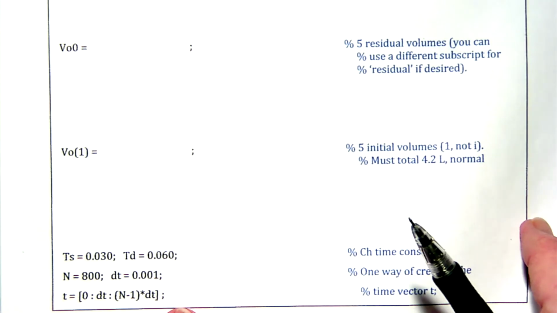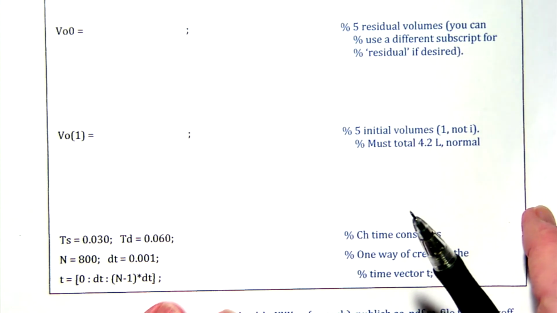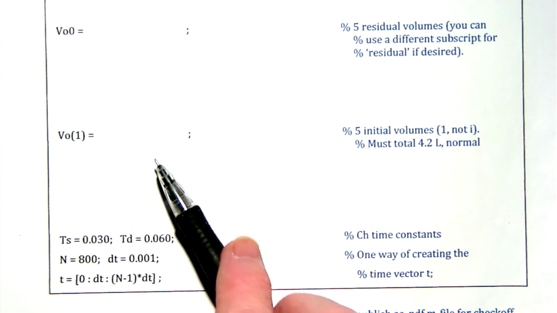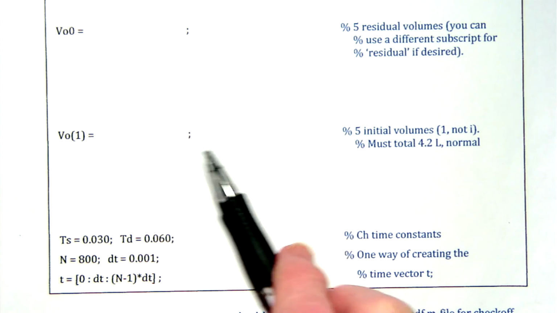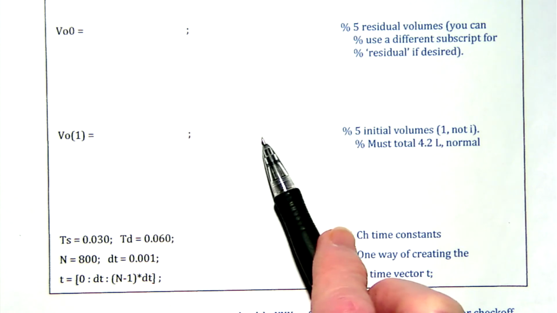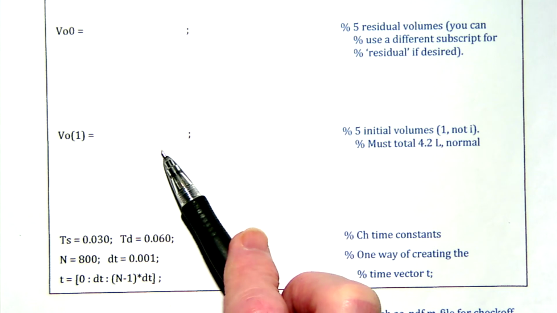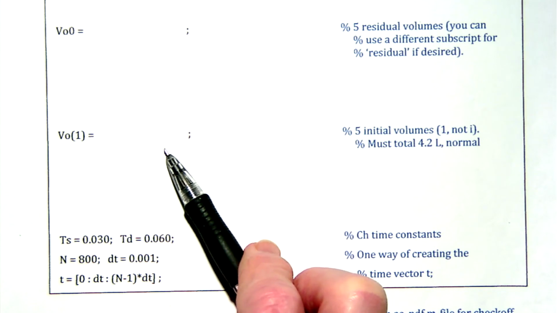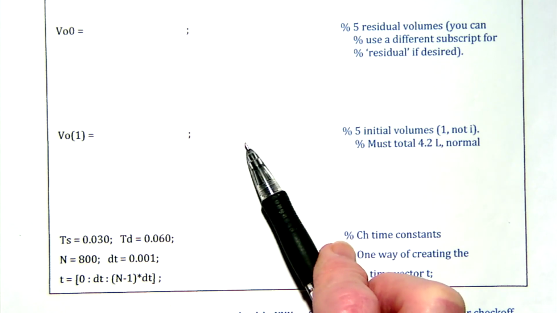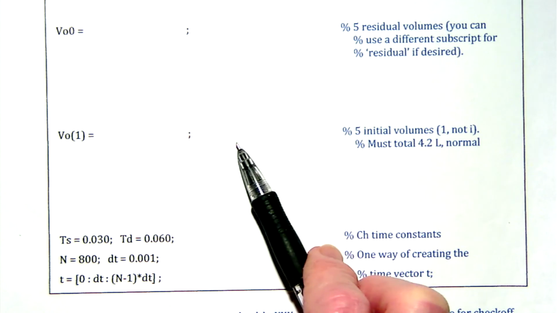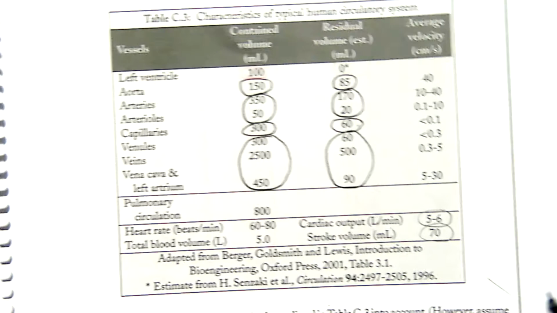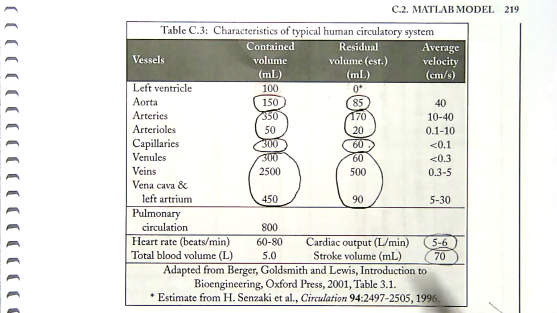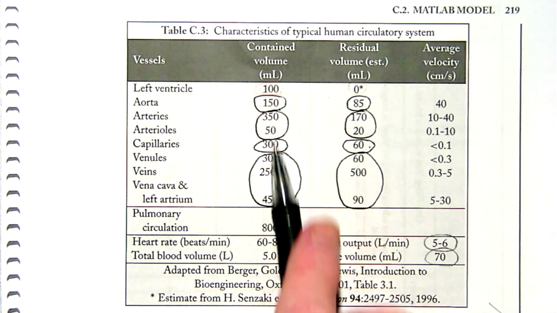Going on, we're going to have to enter in the 5 initial values for each of the 5 compartments. That is our best estimate of what the initial volume starts out with in those 5 compartments. It will get readjusted during each cardiac cycle slightly, but we need to start it out with some volume. Those initial volumes will come from this table again, from this column right here.